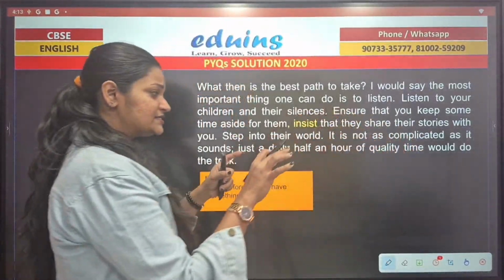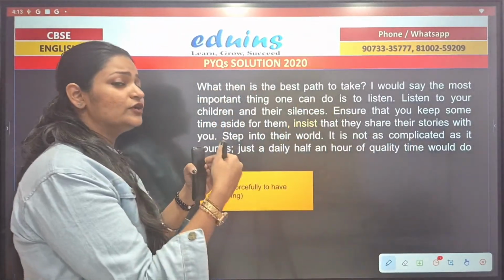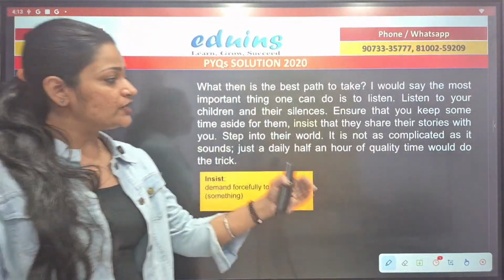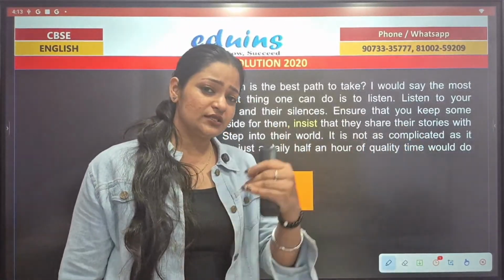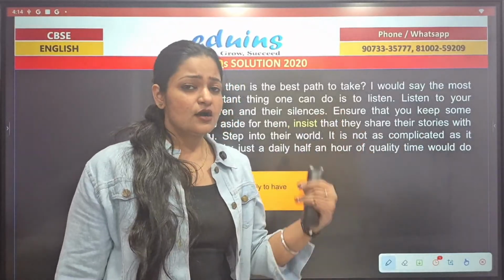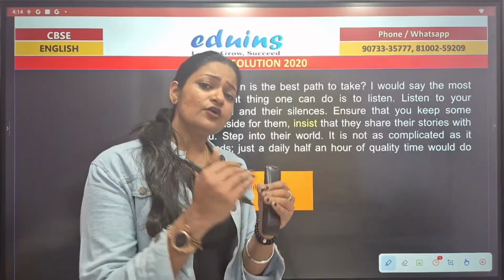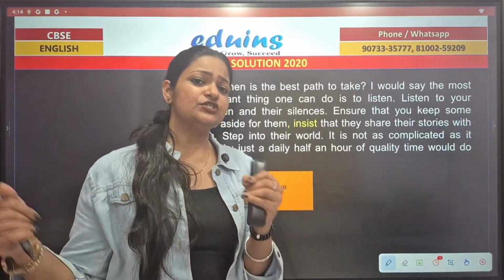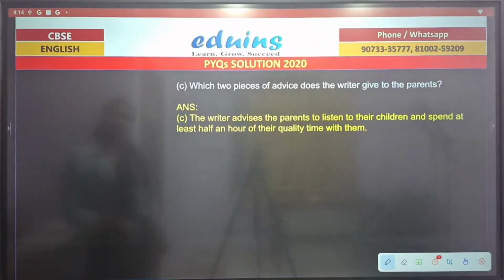Now, this passage is suggesting that parents step into the world of their children. Their children's world is not that complicated. That means the passage is suggesting that how complicated you think it is, or how complicated it sounds, it's not. Your children's world is very much simple. So the antonym of complicated is simple. That's all.